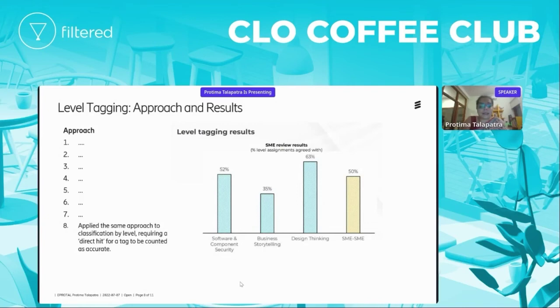So that's where it stands. For security, we were at about 52%. For business storytelling, the accuracy was about 35%. And for design thinking, we were at an accuracy of 63%. So that is what we achieved in terms of skills tagging.